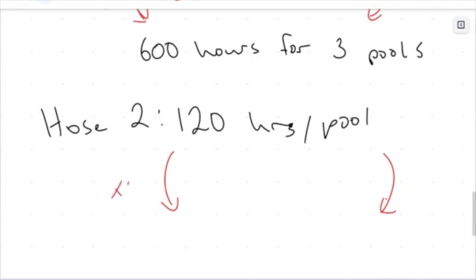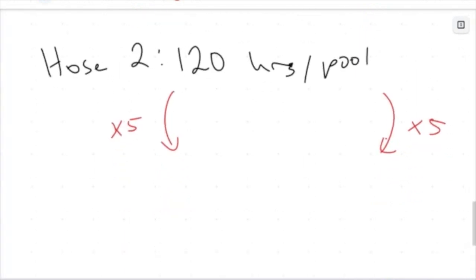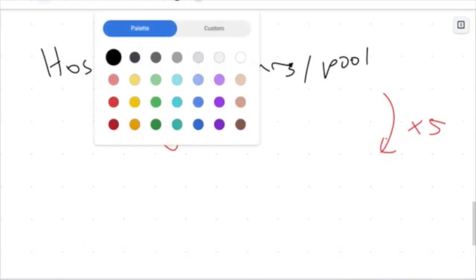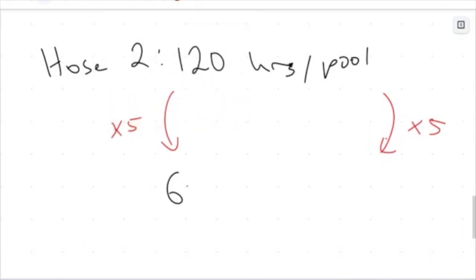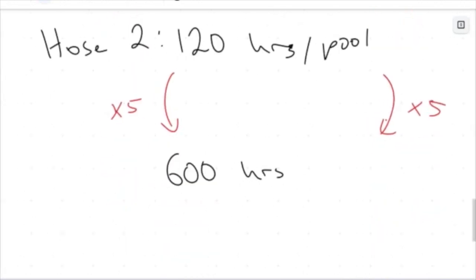Now that number is 5. You guys can check this at home if you want to take a longer unitary method, or you can do this in your head. But what I have here is that in 600 hours, I'll fill up 5 pools here. So 600 hours for 5 pools.